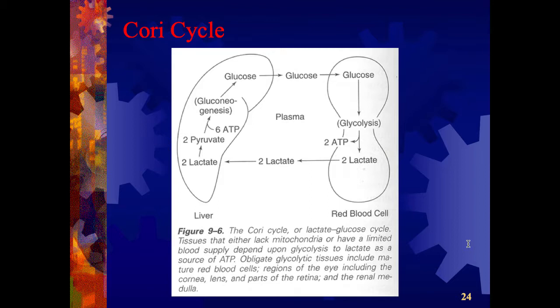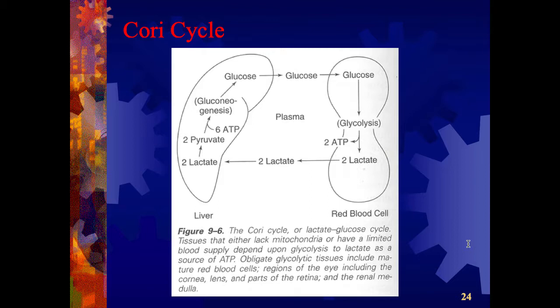We'll talk about why, but one of the reasons is that hepatic gluconeogenesis is regulated by hormones like glucagon. When blood glucose starts dropping, glucagon goes up and stimulates hepatic gluconeogenesis.